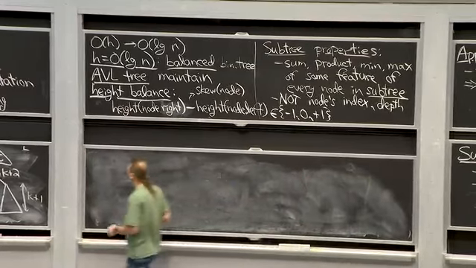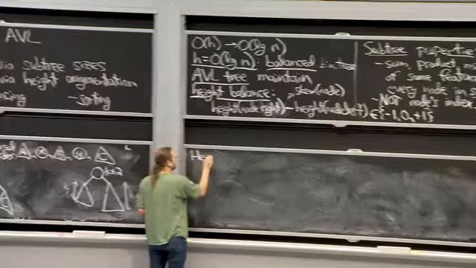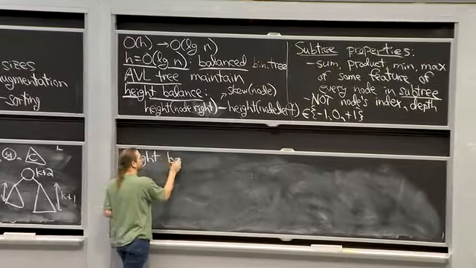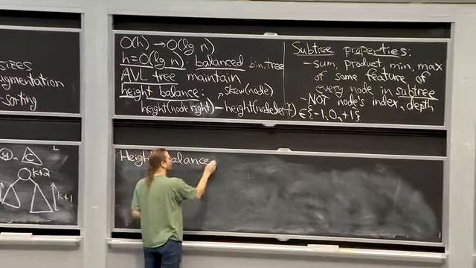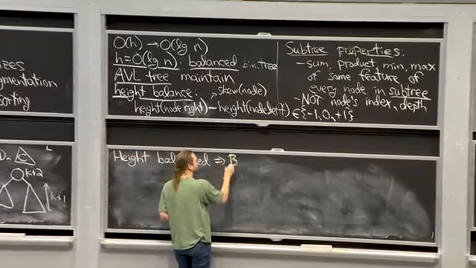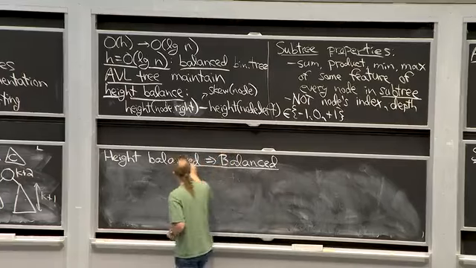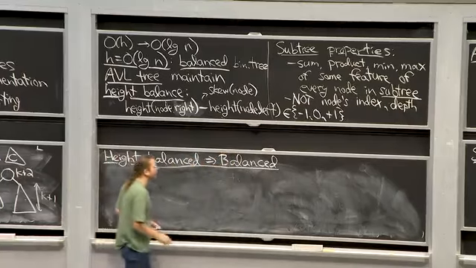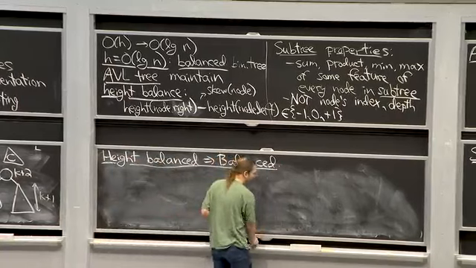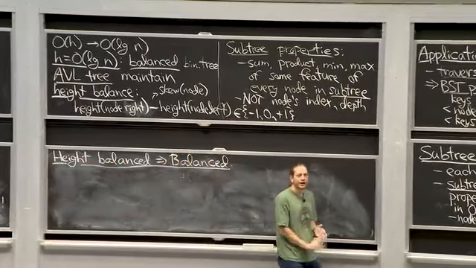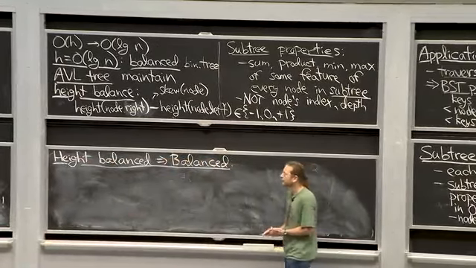OK, so why does height balance imply balance? So what this is saying is that all height balanced trees have logarithmic height.